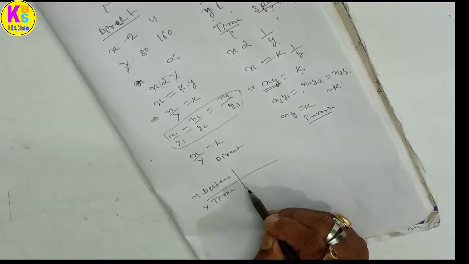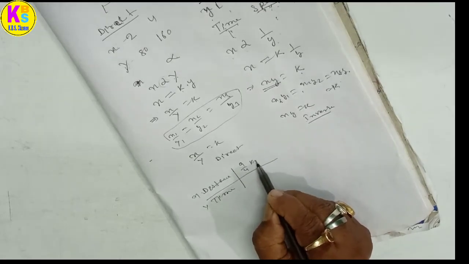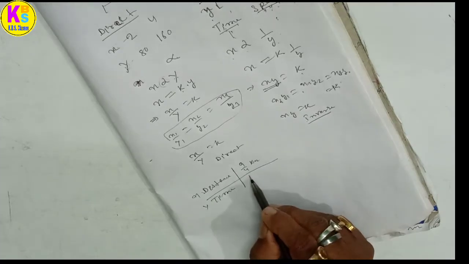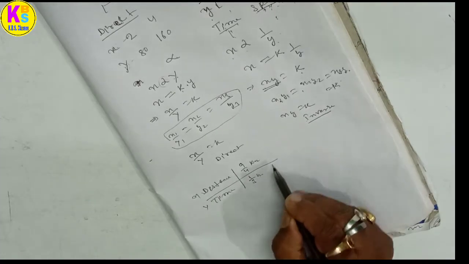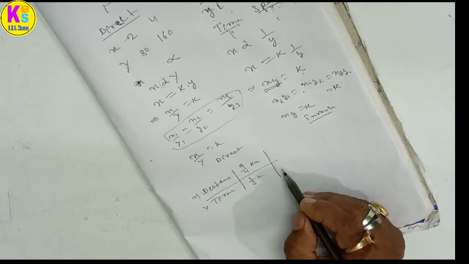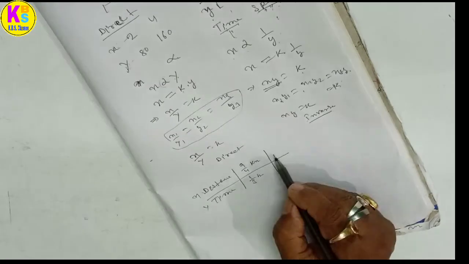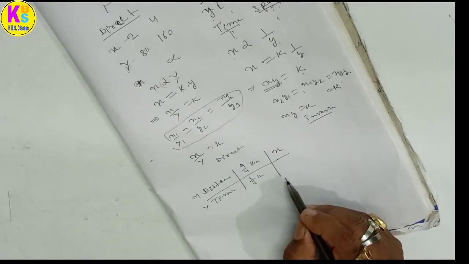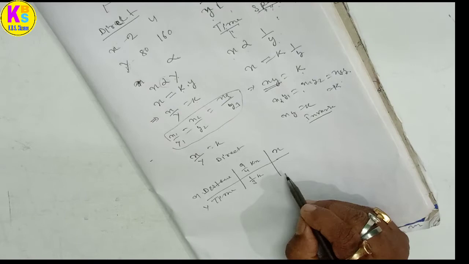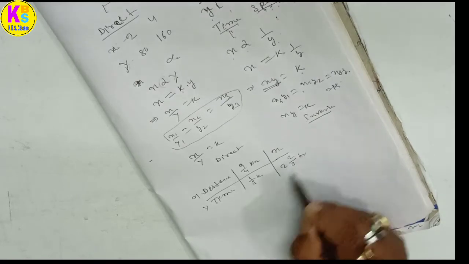The distance first is given 1 1/4, that is 9/4 kilometer, and the time for it is taken as 1/3 hours. And another one is the distance to be found out. Suppose it is x, and the time taken is given 2/3 hours.